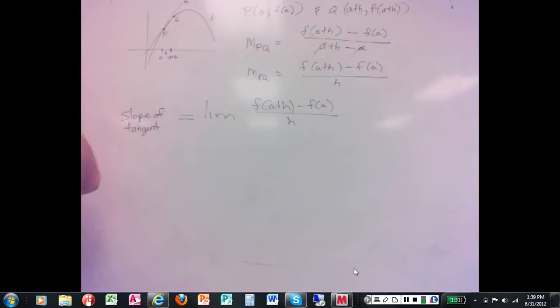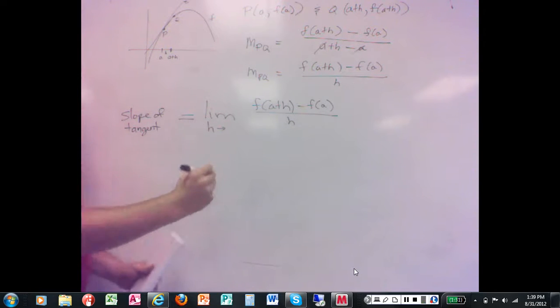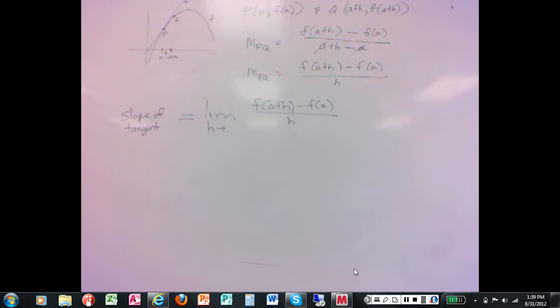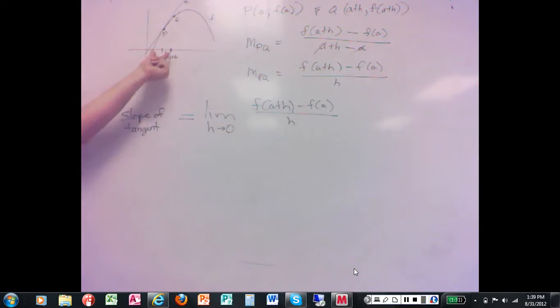Now, what's happening here is the h is getting smaller and smaller. So what would I want h to go to? How about 0? Yeah, I want the h value to shrink smaller and smaller, so I want the h eventually to go to 0. So that's the limit here. It's not x going to a, it's h going to 0.